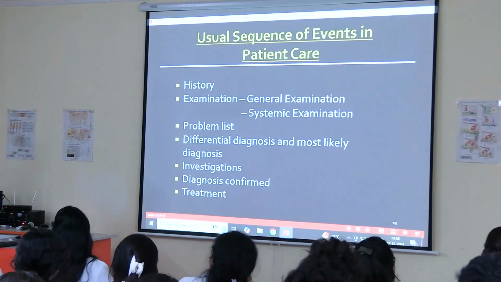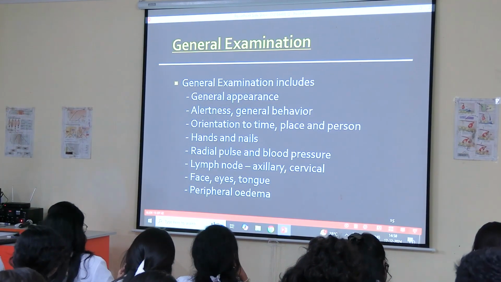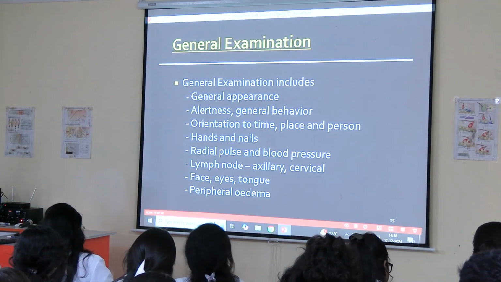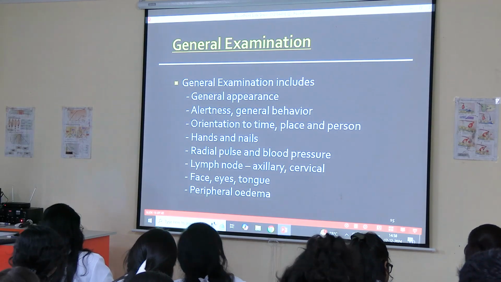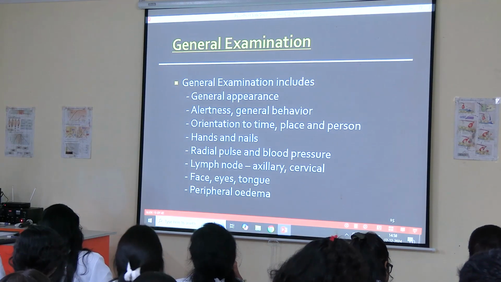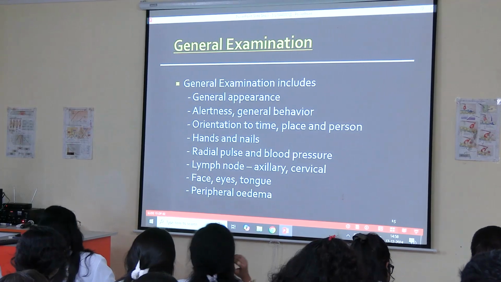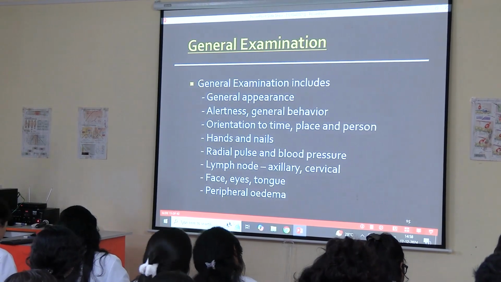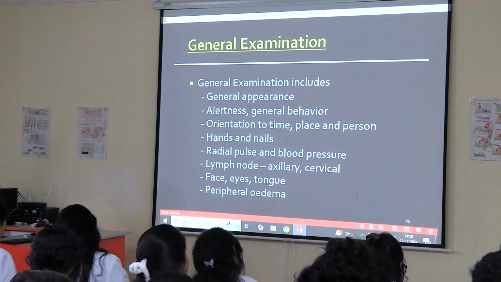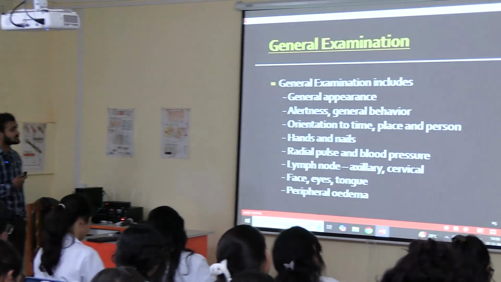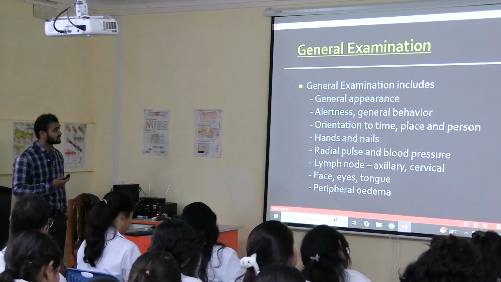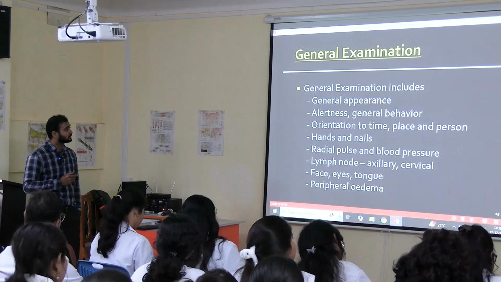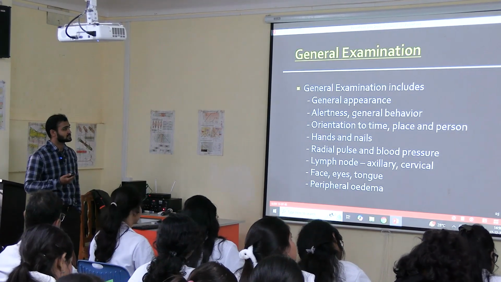So in general examination, first when the patient comes, you have to see the appearance of the patient. Whether the patient is looking well, whether he is ill or not, whether he can walk properly, whether he can talk properly or not. So the general appearance is the first. Whether the patient is alert or not, whether his general behavior is good or not, and whether he is oriented to time, place, and person.